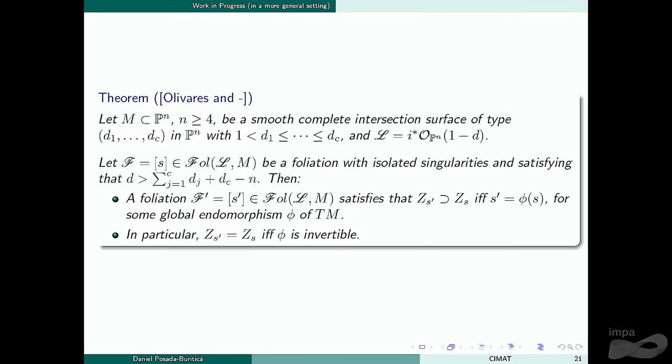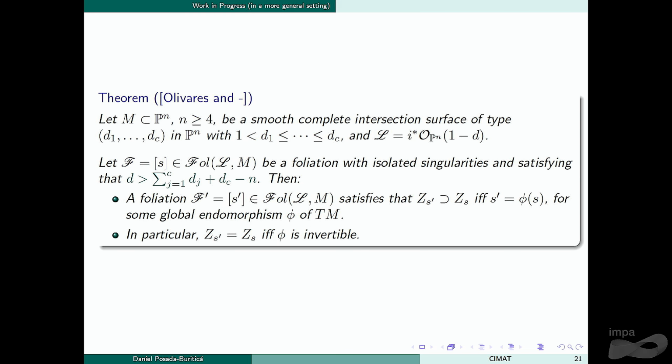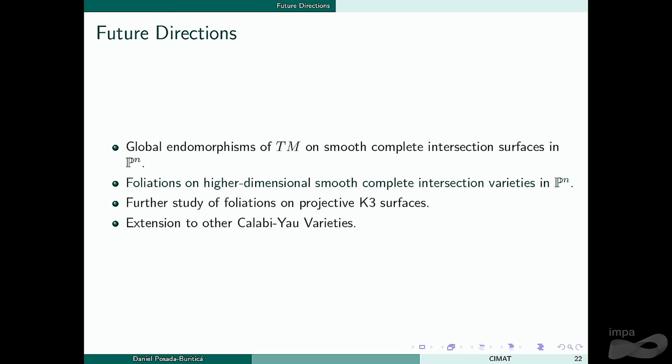And what are the future directions? In this case, determining the foliations by their singular scheme is related to the existence of global endomorphisms. So a future work is to study the global endomorphisms of the tangent bundle in these surfaces.